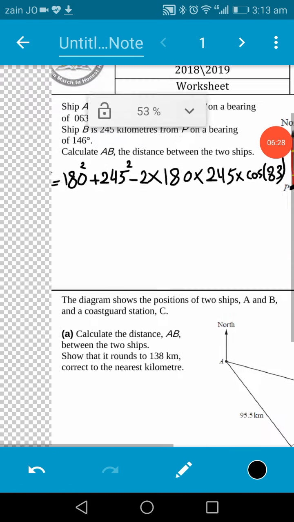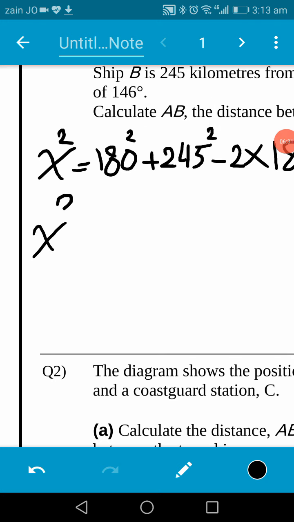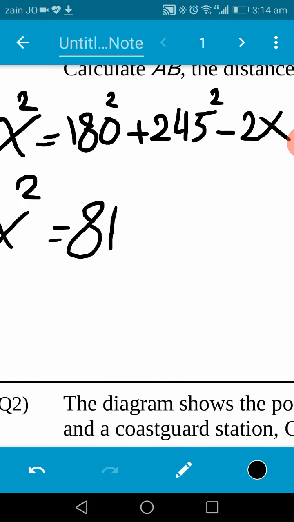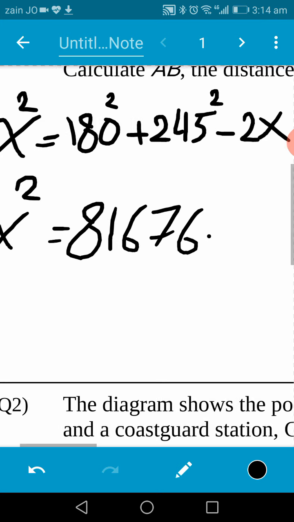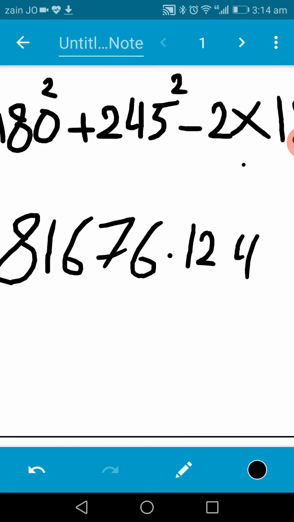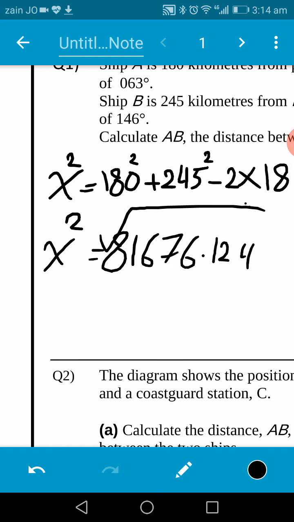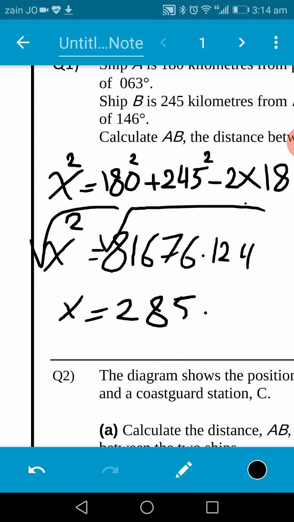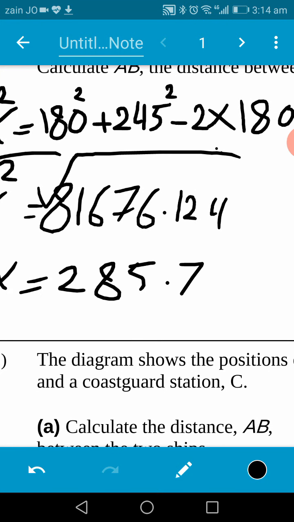The answer is x squared equals 81,676.124. Take the square root, and the answer gives x equals 285.79.